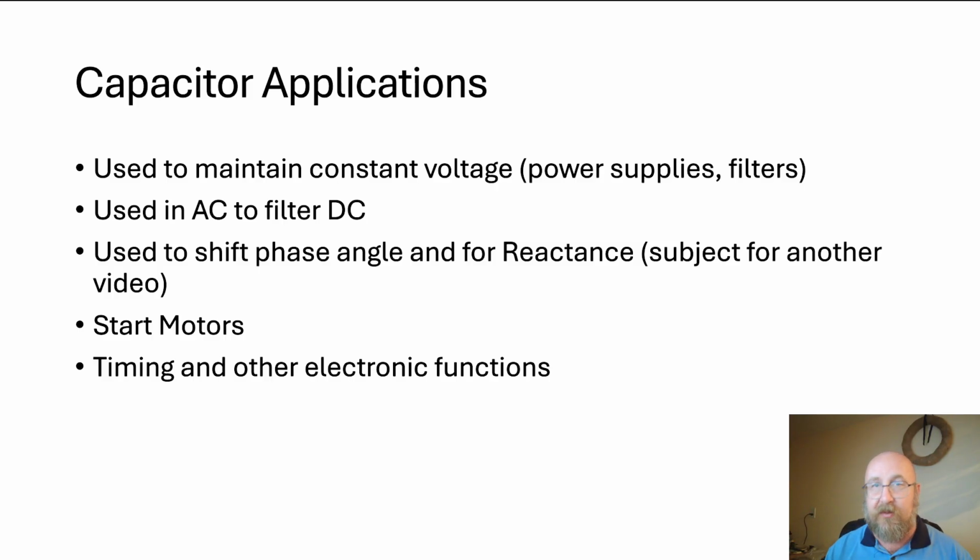Now, on your systems, when we're working in class, you're going to deal with capacitors in multiple ways. There are capacitors that are inside many of the components in your enclosure. They're used to maintain constant voltage. So in the power supply, they're used to maintain a constant voltage, even though the alternating current that's coming in is going up and down and up and down.